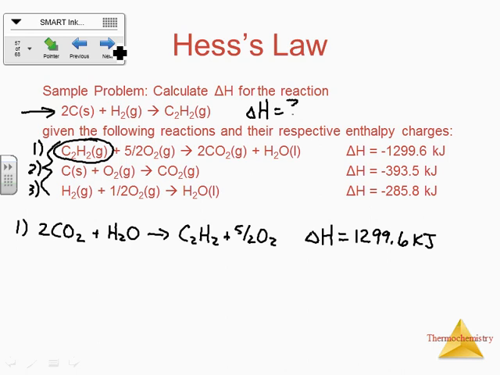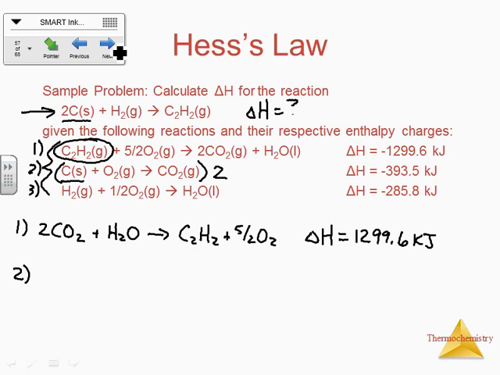Alright, now equation 2, if I'm looking at that one, that's the only one that has just solid carbon in it. Okay? And that looks good. That's on the reactant side up here in the equation that we want. It's also on the reactant side, but the problem there is there's 2 moles of carbon in the final equation, and there's only 1 mole in my equation number 2 here. So what I'm going to do on the second one, I need to multiply this entire equation by 2. Okay?